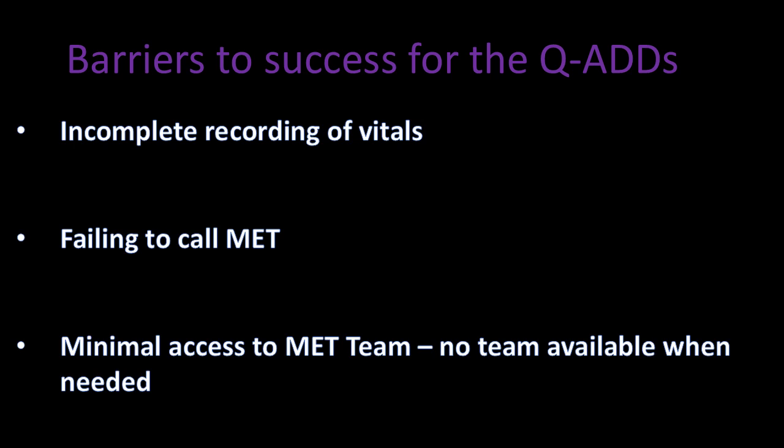Finally, for the adult deterioration detection tool to work, the medical emergency team needs to be in place to support it. These teams are expensive to employ, and therefore hospitals are likely to only employ a bare minimum amount of teams possible, while some smaller hospitals may not be able to afford a team at all.